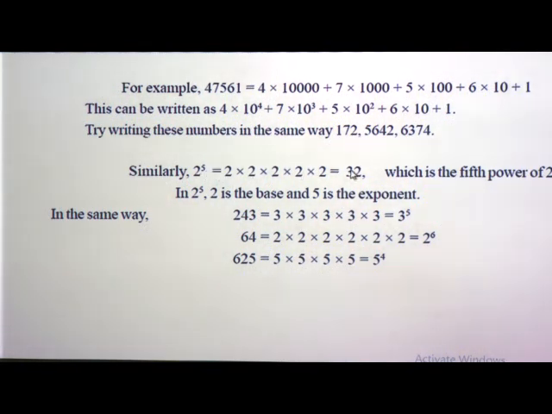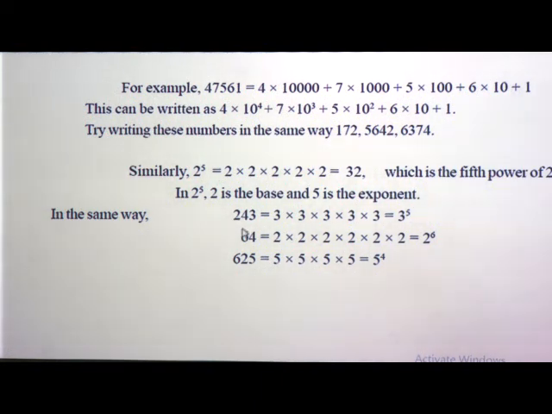So, we multiply 5 times: 2 2s are 4, 4 2s are 8, 8 2s are 16 and 16 2s are 32. Here 2 is the base and the power is 5, that is, the exponent is 5.